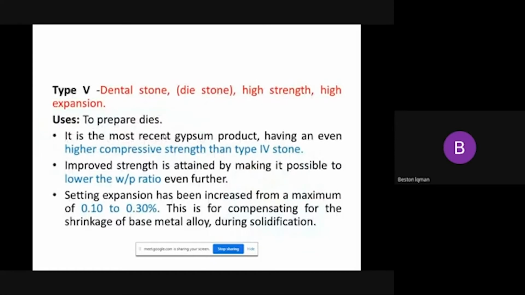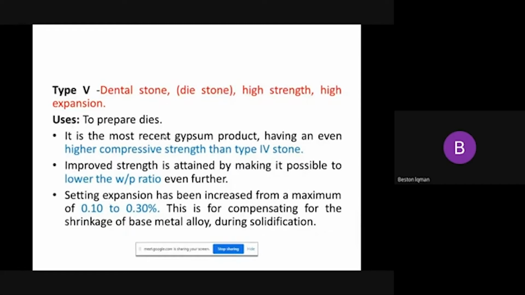Type 5 dental stone, Dyestone, high strength, high expansion, used to prepare the die. It's the most recent, the newest one, having higher compressive strength than type 4. Type 5 is stronger than type 4.